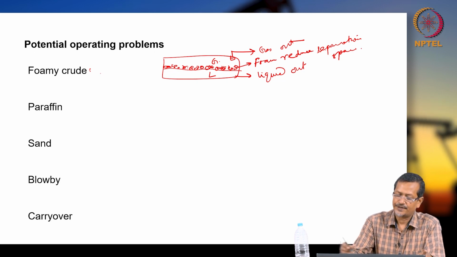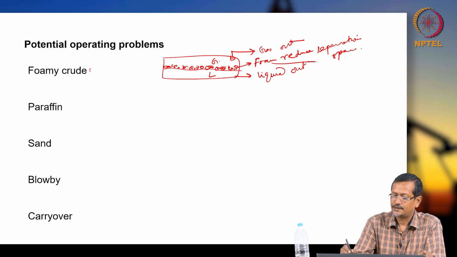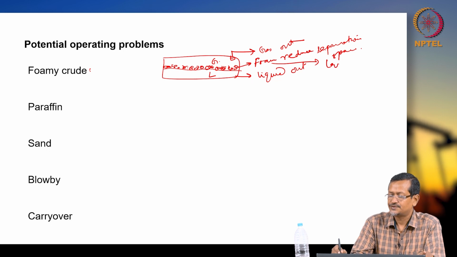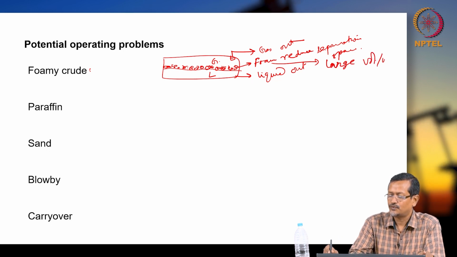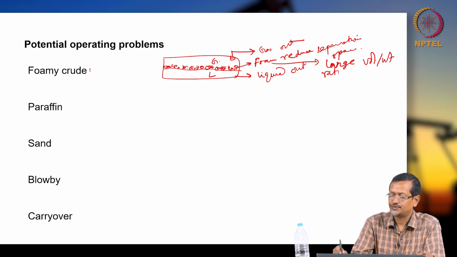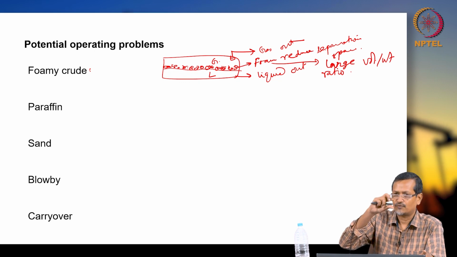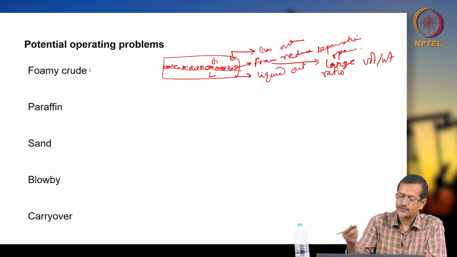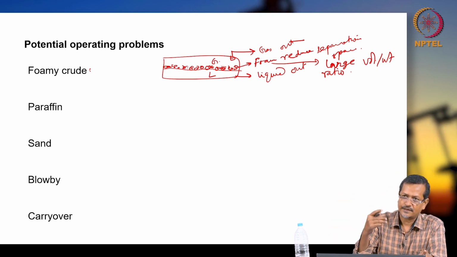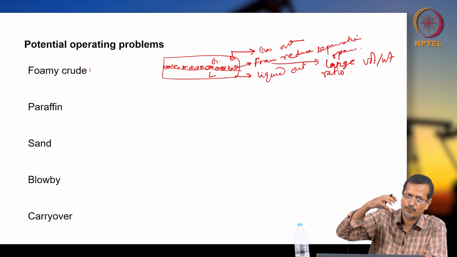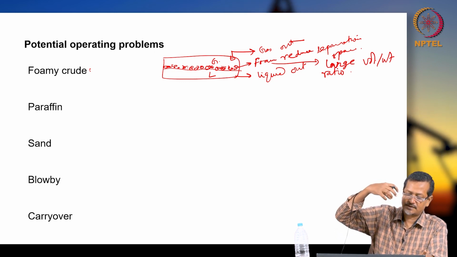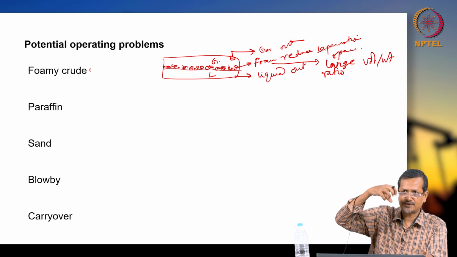Large volume to weight ratio, so volume is higher than weight. It will create a froth over it, and what is the problem? If a level control is there, it works with a ball or buoyancy floating device.